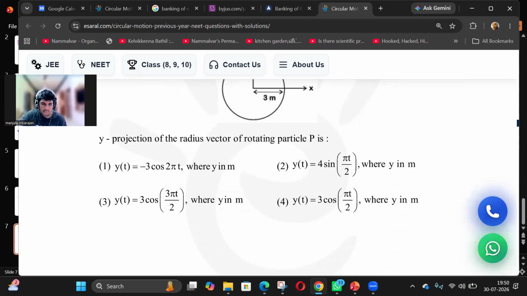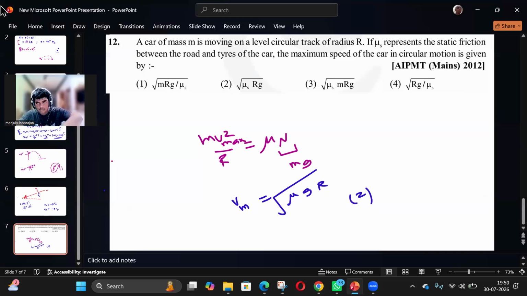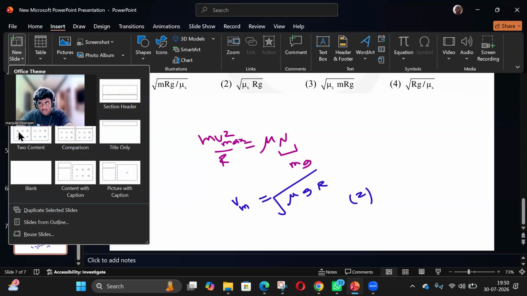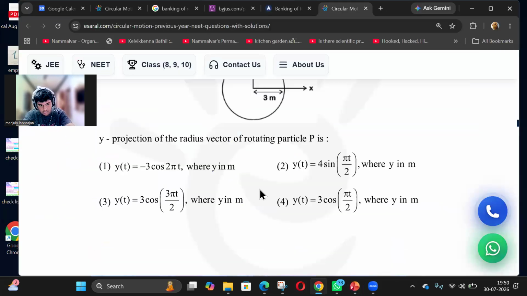Then 2 pi by T should be equal to omega, and T is given as 4 seconds. So option 4.